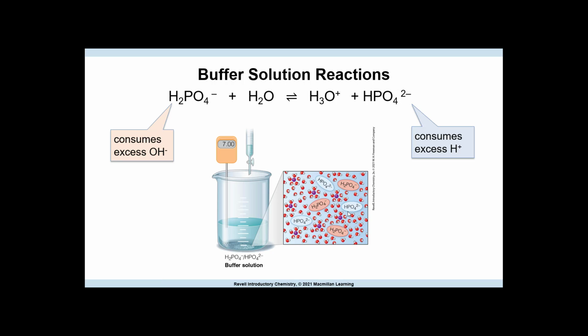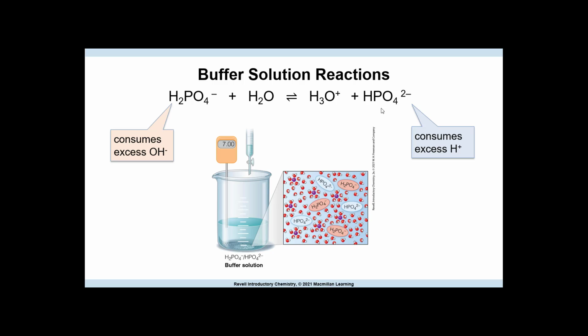Chemically, we represent this buffer using this equilibrium. So you can see here we have the equilibrium going on with the equilibrium arrows. The acid, which is dihydrogen phosphate, consumes excess hydroxide. The conjugate base, over here, consumes any excess protons.